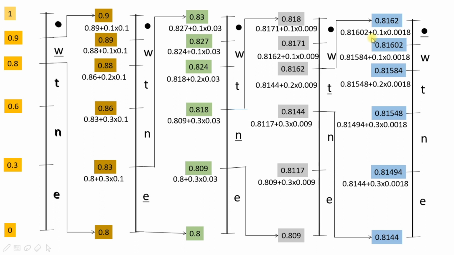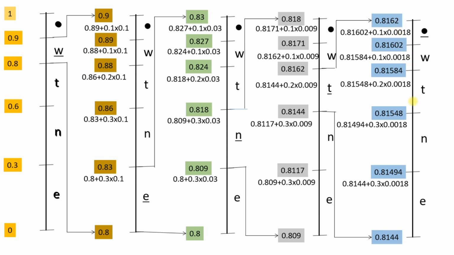Then the upper bound for dot is 0.81602 plus 0.1 into 0.0018. So now in the word WENT, we have encoded all these characters. And finally the probability interval for the dot is from 0.81602 to 0.8162.